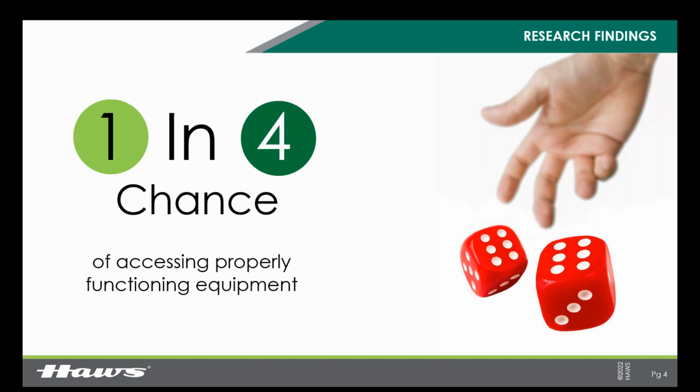If you're in the casino, absolutely terrible odds in finding properly functioning, properly maintained emergency equipment. The odds of you reaching a combination eye face wash and safety shower and it working correctly, 1 in 4 odds, which are absolutely terrible ones. Just like you see there on the right, it's definitely a dice roll.